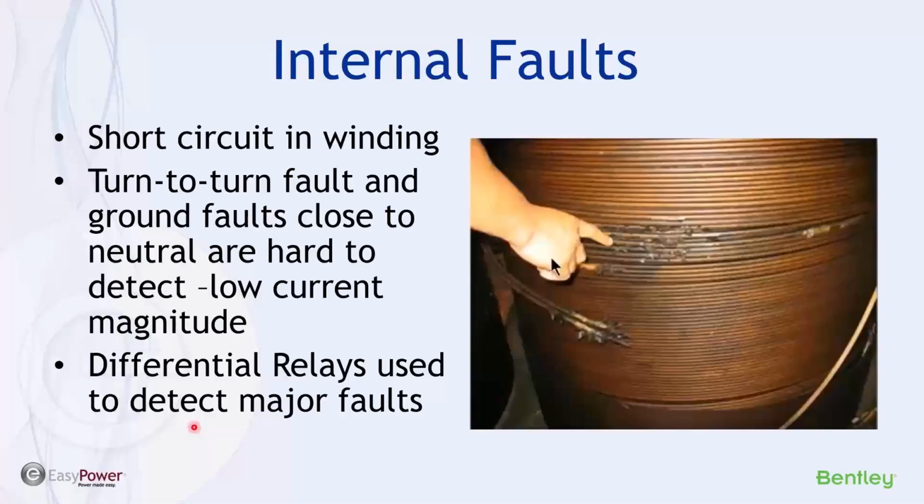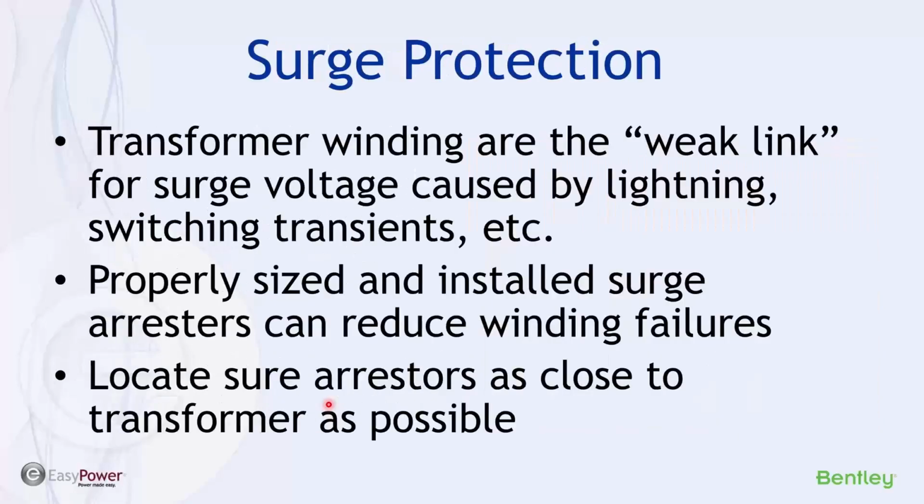And whereas we describe differential relays as the gold standard for detecting faults, they're really only viable for detecting major faults. So we're left, especially for faults that occur near the neutral or in a low magnitude range, with the inability to use the differential relay capabilities.